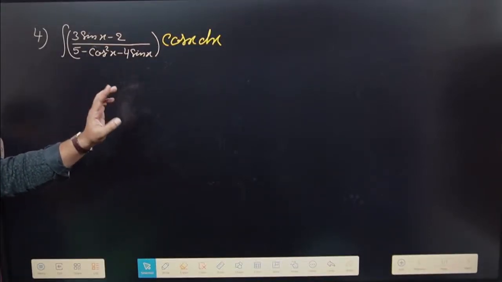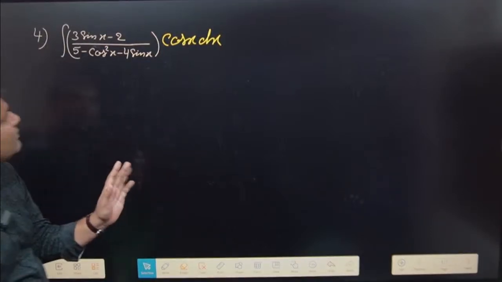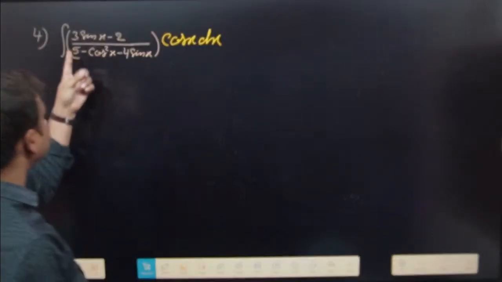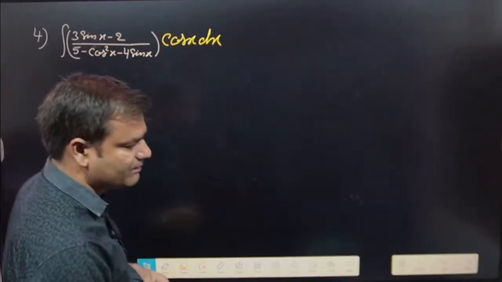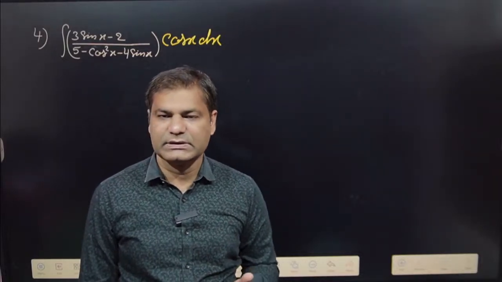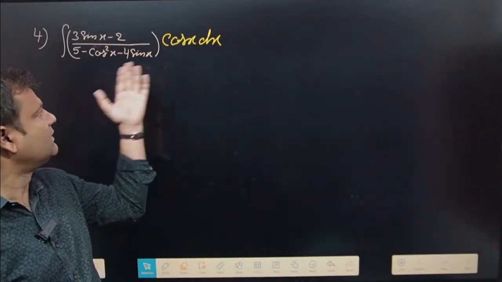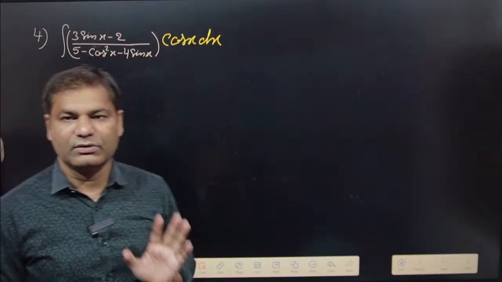Okay, so how can we do this type of problem? Simply, first of all, in the whole scenario, all terms should be converted into sine or cos. If this term is converted to cos, then here also cos, so it is not feasible.